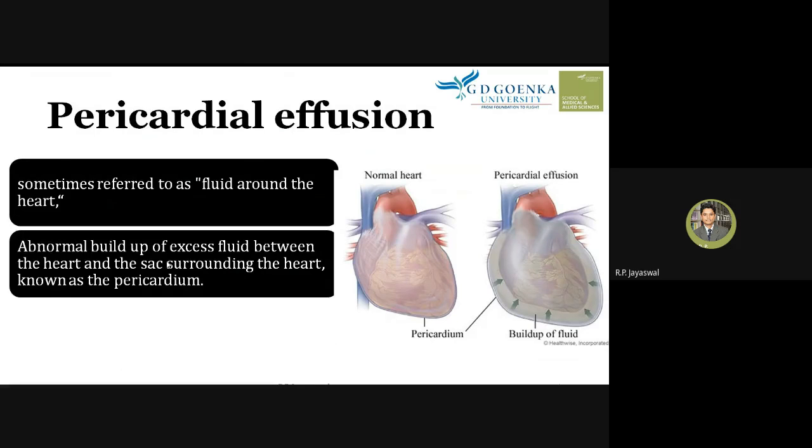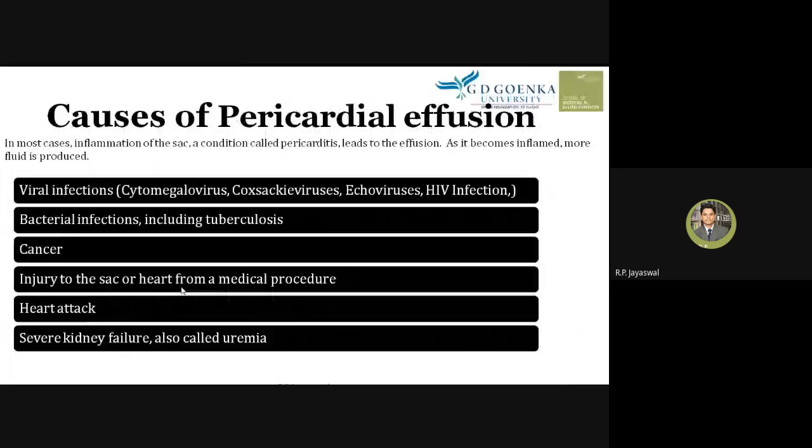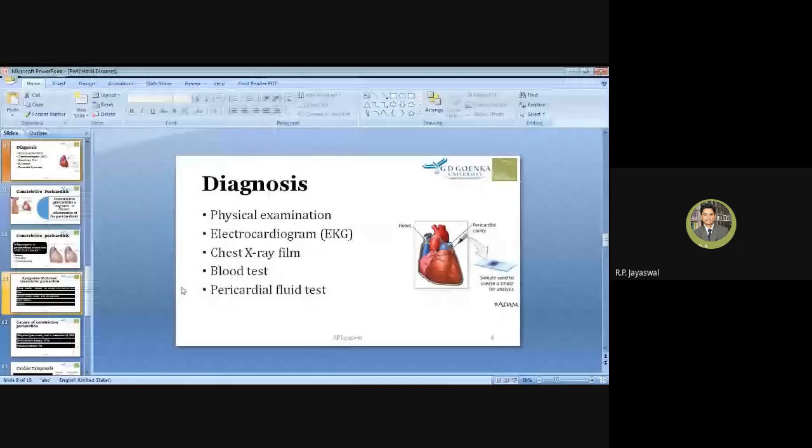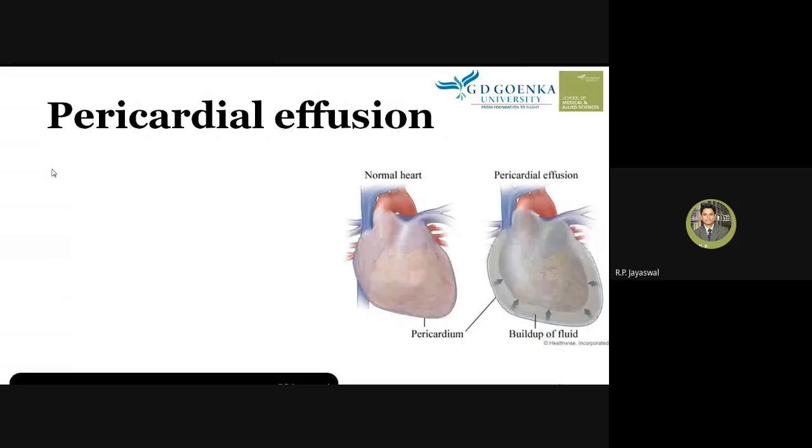The sac is what we call the pericardium. So between the sac and the heart, fluid is built up, and that condition is called pericardial effusion.